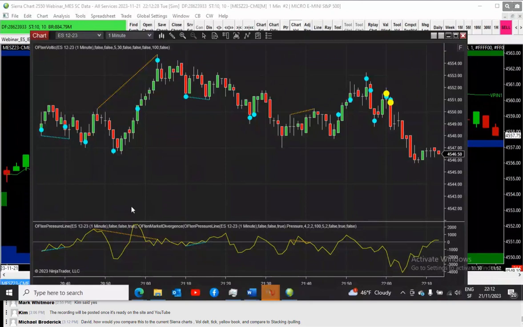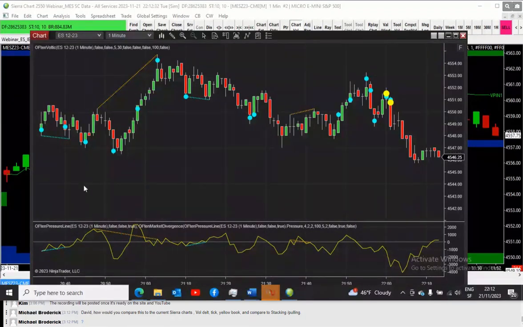For example, this is the pressure line on Ninja. That market divergence I was showing earlier, I think it was on gold, works the same way on Ninja. So orange here means it's a bearish divergence, and the blue means it's a bullish divergence.